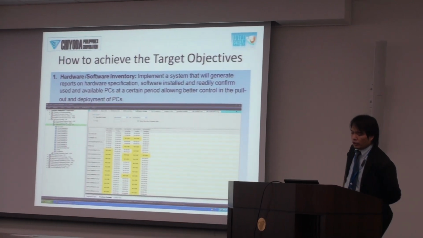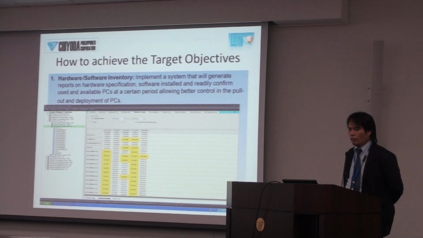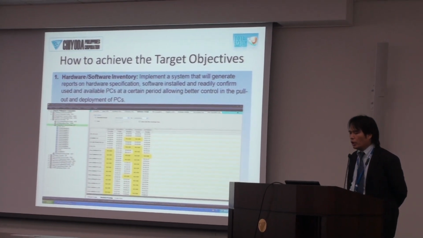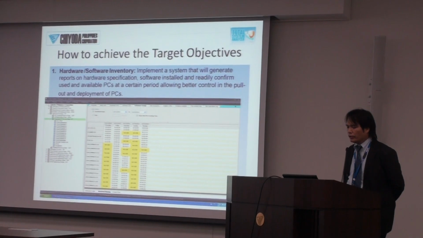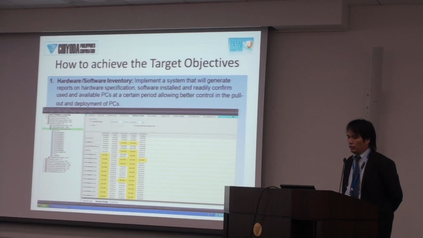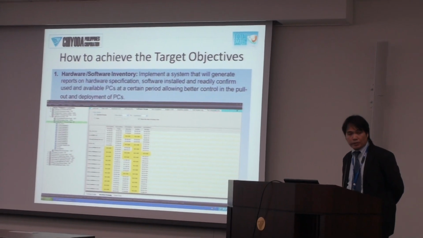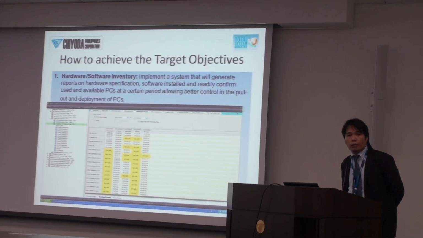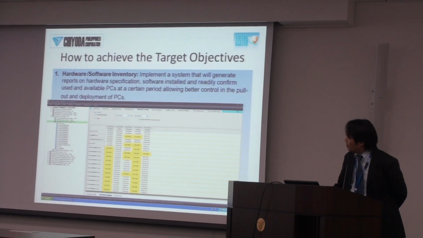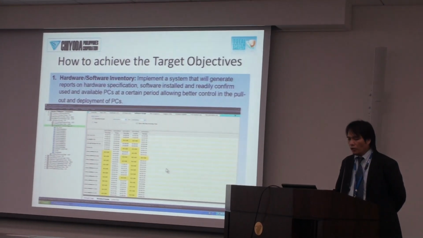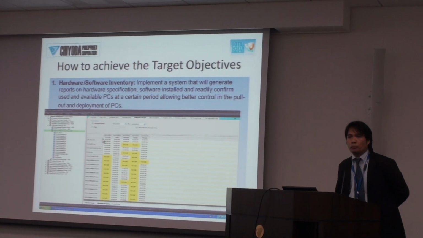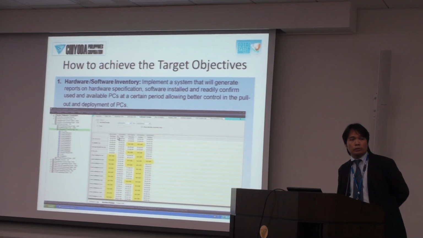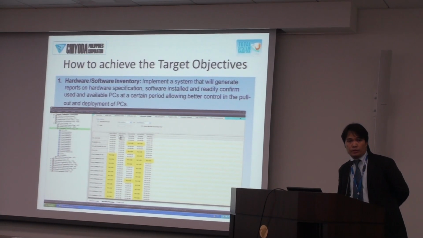How to achieve the target objective? For hardware and software inventory under Total System Analyzer, implement a system that will generate a report for hardware specification and software installed, and readily confirms the use of available PCs. For example, in my slide here, we can see whether the PC is in use or not, whether the computer is continuously running 24 hours.